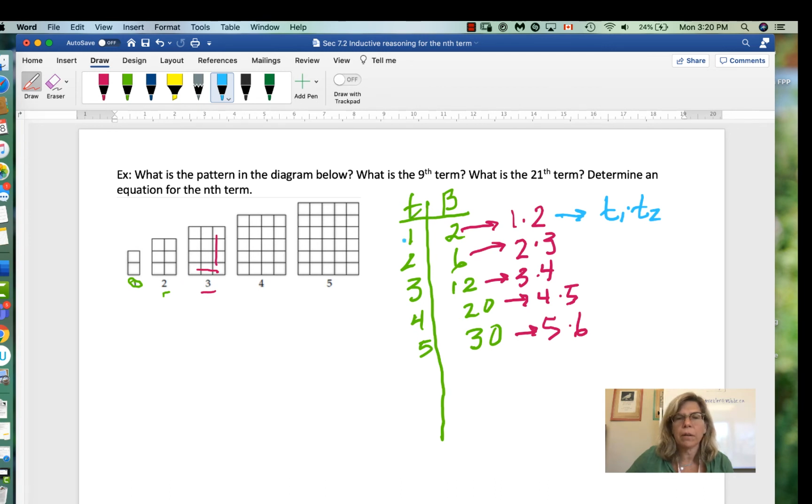And this one, 6, you could say it's term 2 times term 3. And this one you could say is term 3 times term 4, and so on.